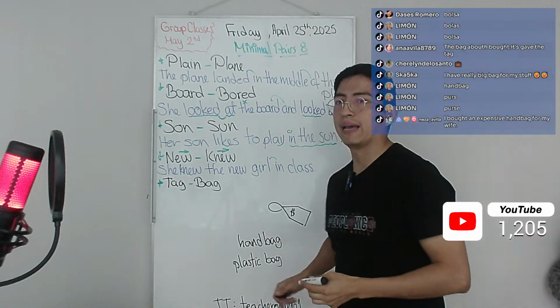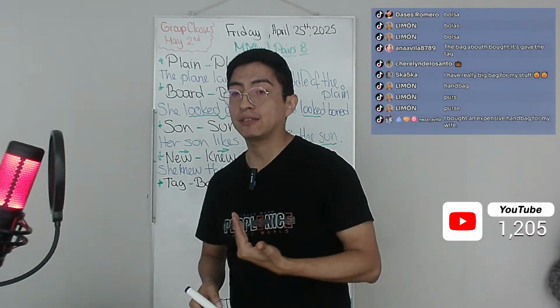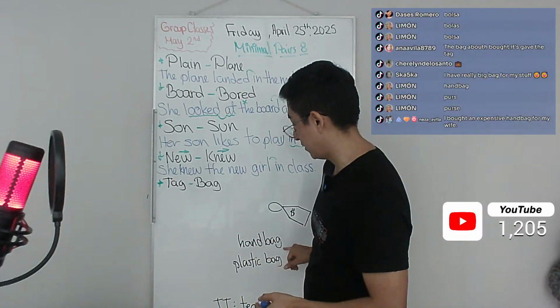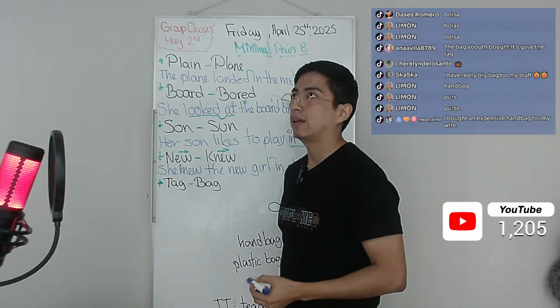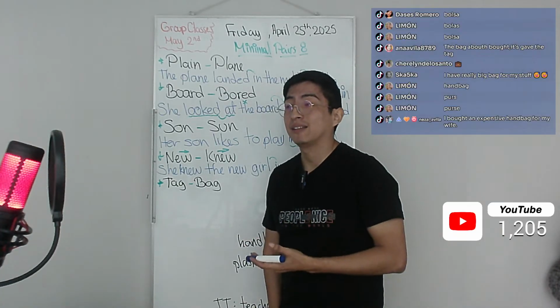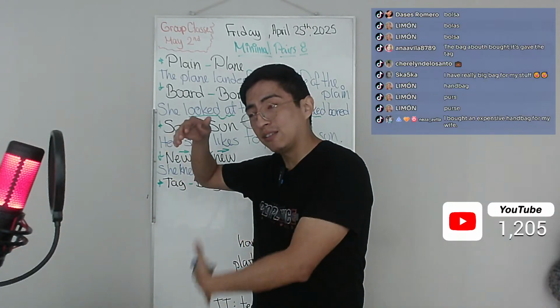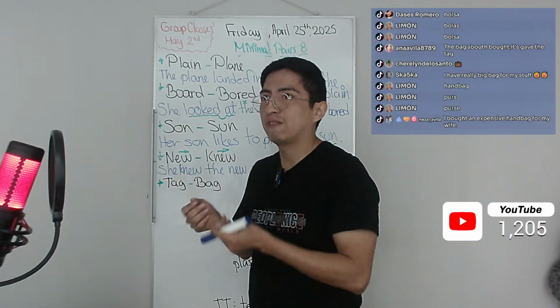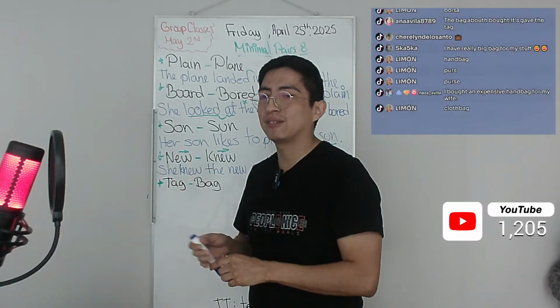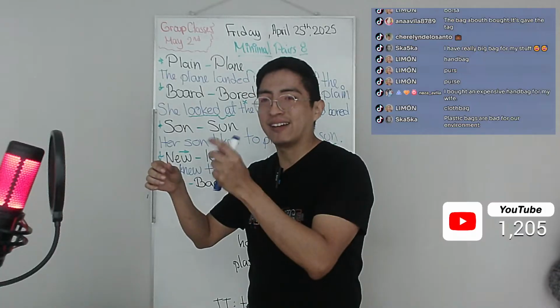Okay, we have a plastic bag. We have paper bag. Okay, we have like different bags here. And we also have a market bag. So when you go to the market, there are some people that have like these very big fabric bags, okay, that you take to the market and you put everything there.